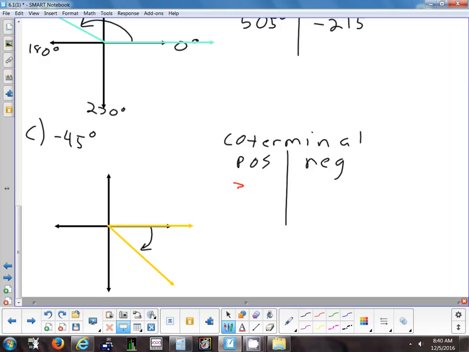Yep. So 315 is positive. And how about an angle that's coterminal and negative? Rachel? Negative 405. Yep. Okay, so if they ask you to find coterminal angles, that's all you need to do.